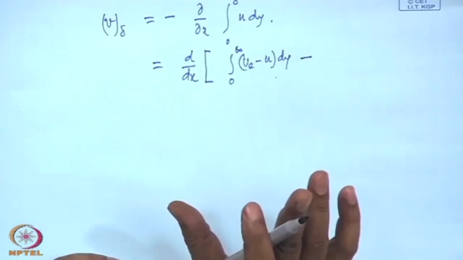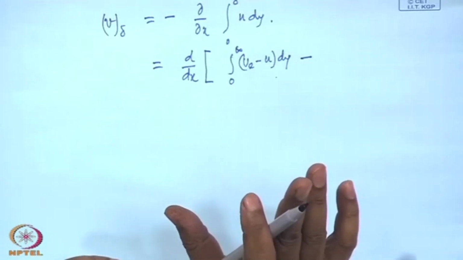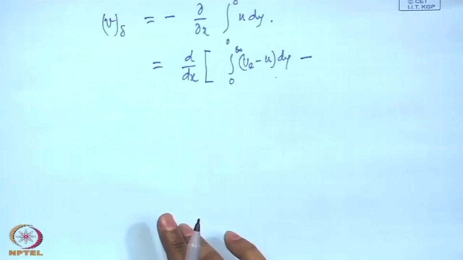Minus what? UE into, why delta? It is a constant, it is not delta. Where is delta coming?